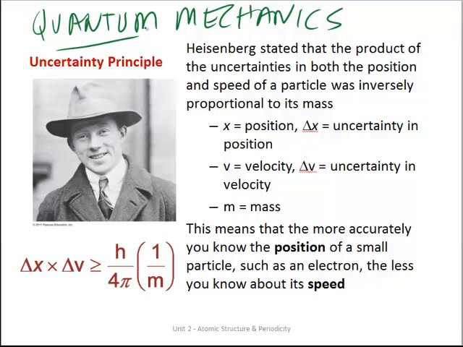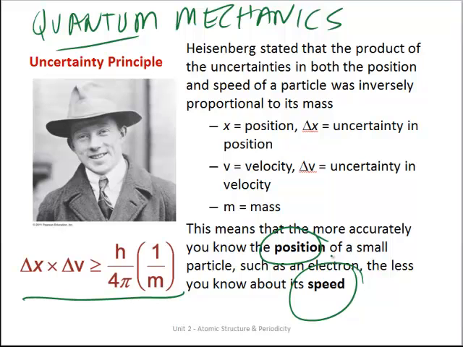And one of the biggest outcomes of quantum mechanics in our journey to discuss properties of electrons was the uncertainty principle, which was proposed by Werner Heisenberg, another German physicist. And here's the equation for the uncertainty principle. But really, it can be boiled down to the fact that we cannot know the exact position of an electron and its velocity or speed to 100% certainty.